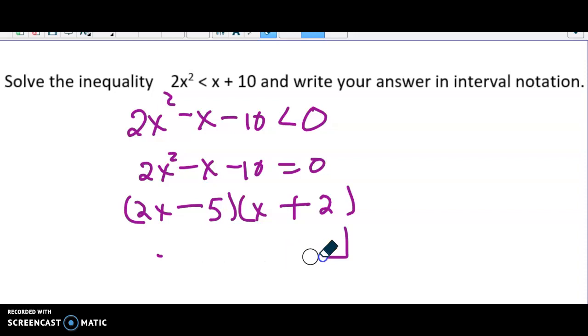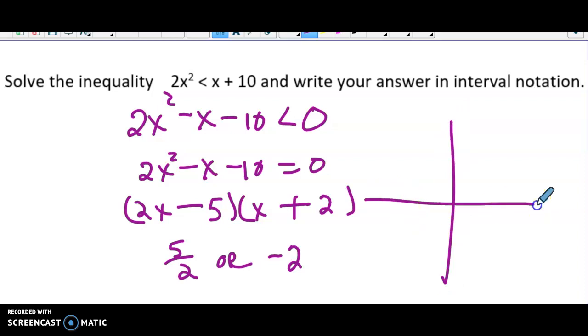So the two places that it equals 0 are at 5/2 or negative 2. All right, I'm going to picture this graph. At negative 2 and 2.5, it equals 0. I also know that this graph opens up because it's a positive.